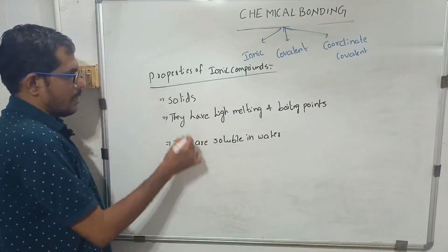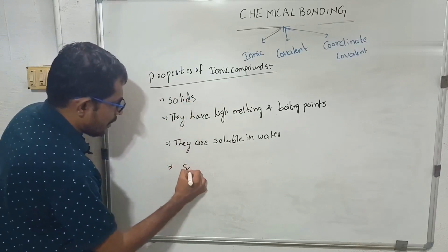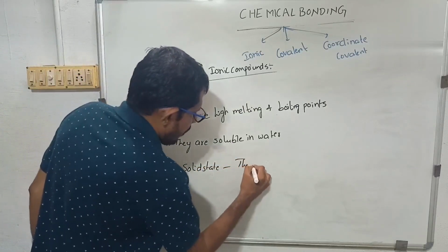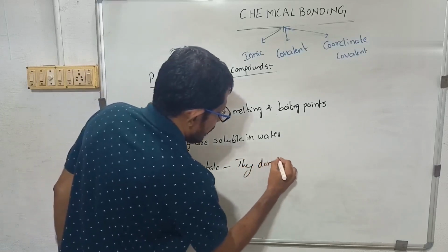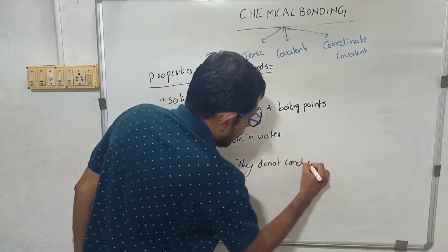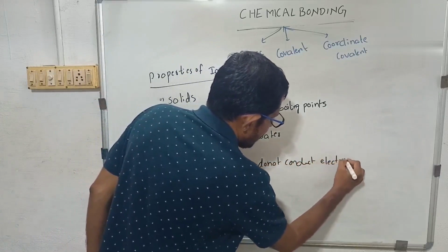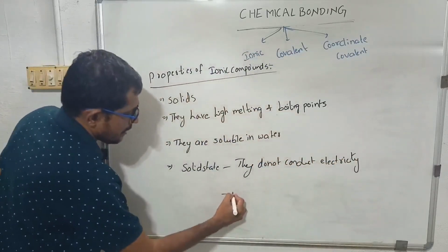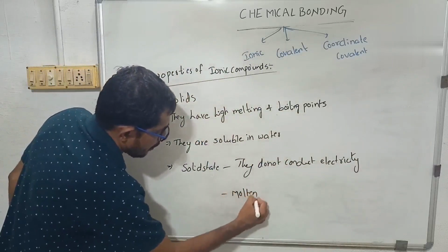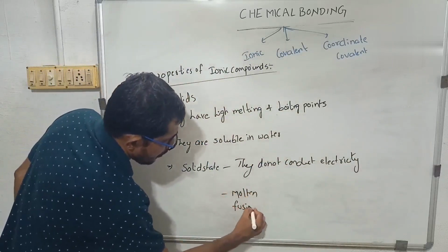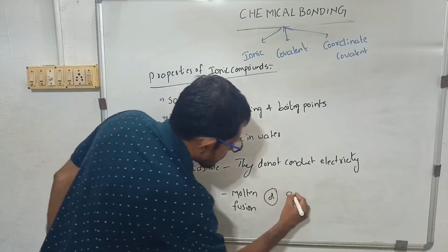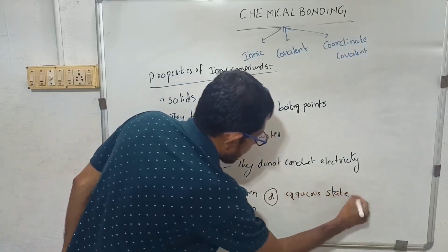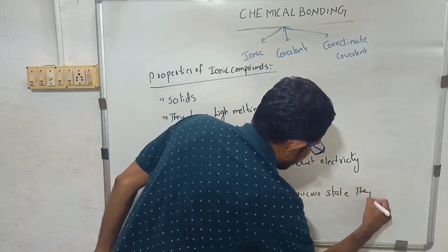They are soluble in water, and a very important point: in solid state they do not conduct electricity. This is a very important point. In solid state they do not conduct electricity, but in molten, fusion or aqueous state they conduct electricity.